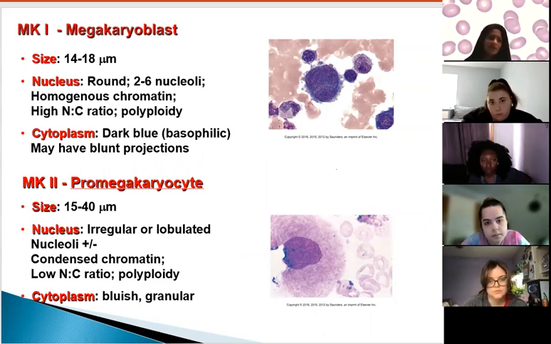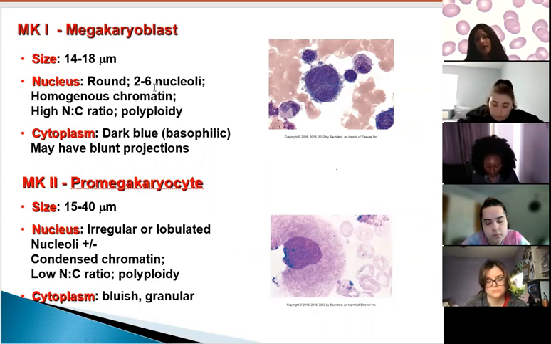There are three different types. There's the MK1 megakaryocyte, which is the megakaryoblast. This is smaller in size. The nucleus is round. There are about 2 to 3 nucleoli. Nucleoli are like the little eyes of the cell. They're little circles that lie within the nucleus.